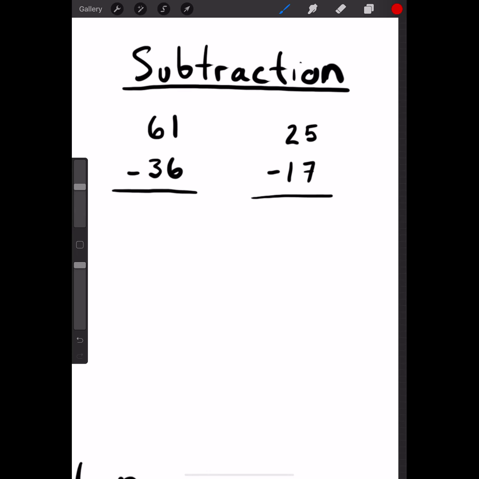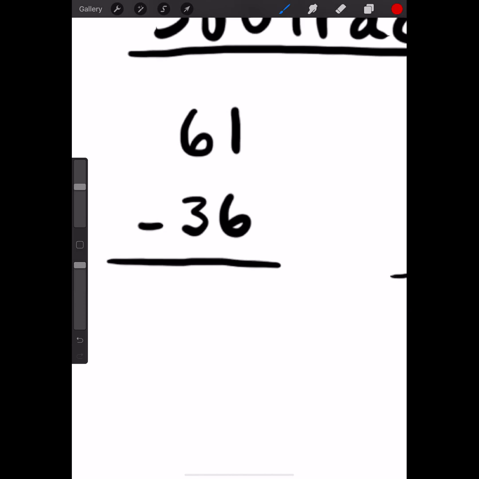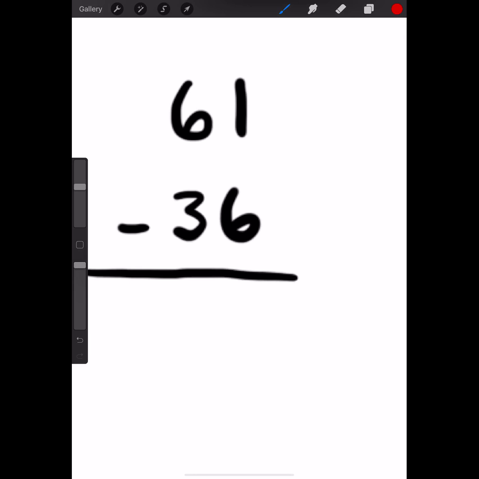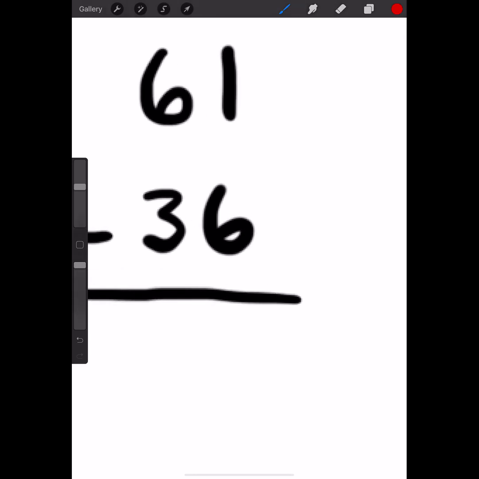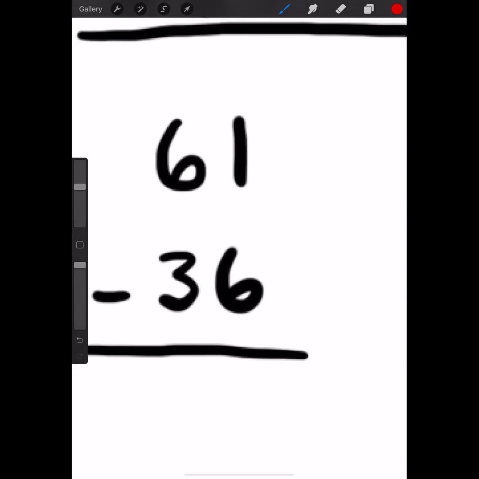Moving on, subtraction. Now, subtraction was a little bit more difficult because we had to borrow rather than carry. In the case of 61 minus 36, we know that we can't take 6 away from 1. So, what we need to do is we need to borrow. So, I borrow 1 or 10 from 6. I make sure that I write the 5 above it to remember that I've borrowed.